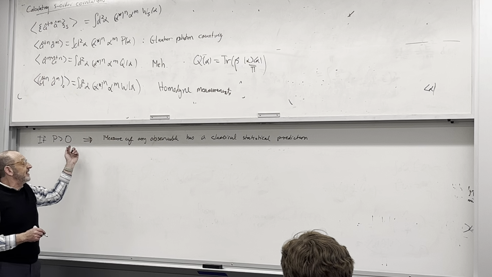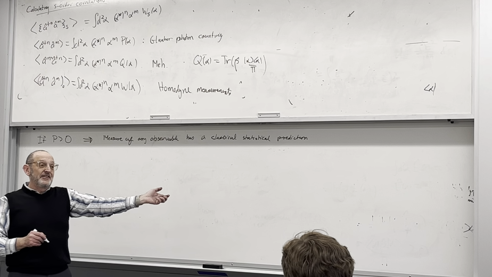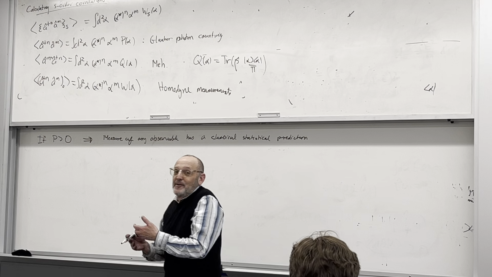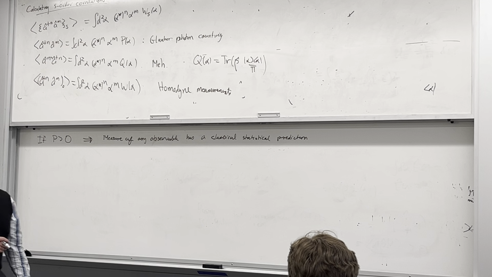If the P function is positive, the Wigner function is going to be positive, the Q function is positive. Anything you measure can be thought about as a classical statistical theory.